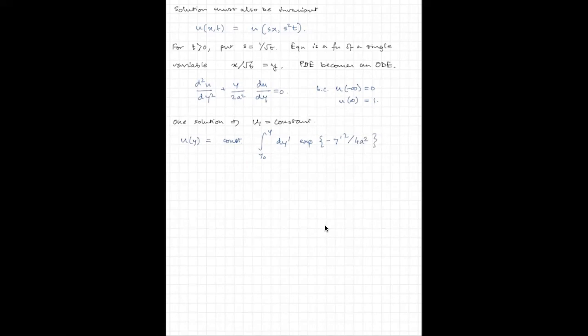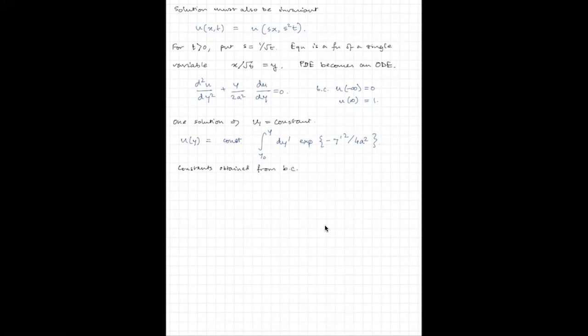And these constants are obtainable from the boundary conditions.